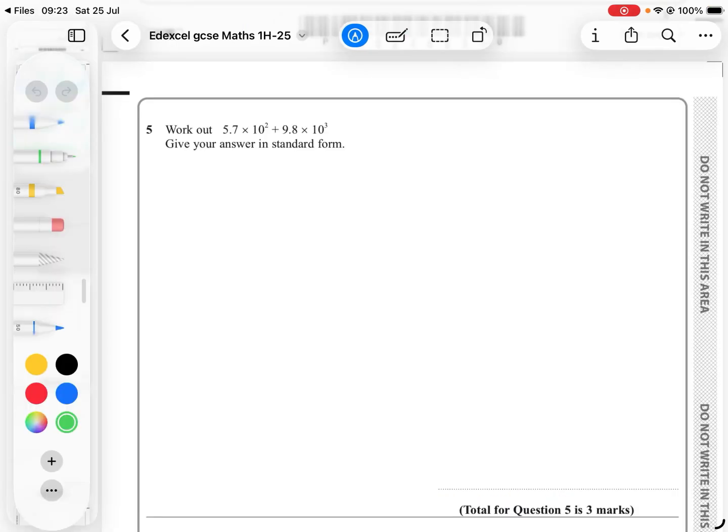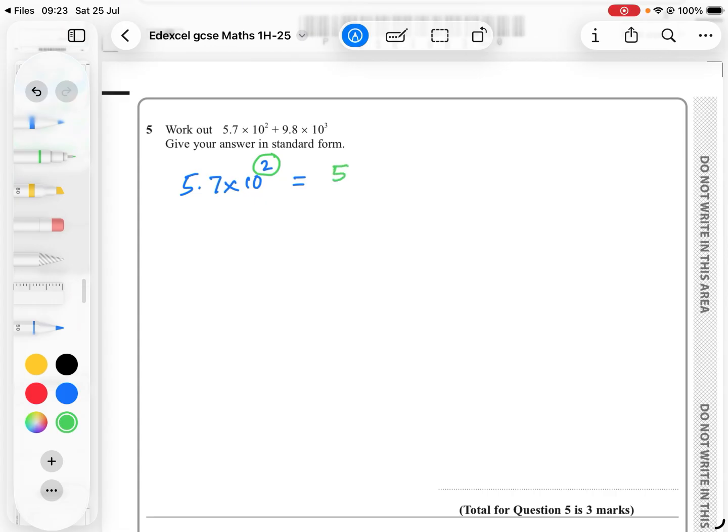Hi, I'm going to walk through question 5. Right, first, what you have to do is 5.7 times 10 to the power 2 equals, because you have a 2, that means you need to move the decimal 2 places to the right.